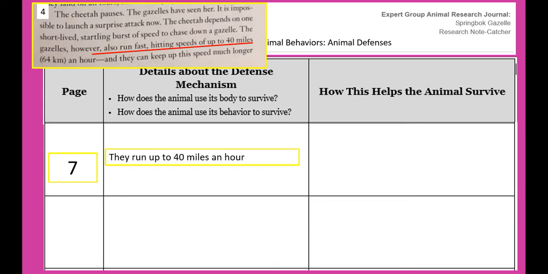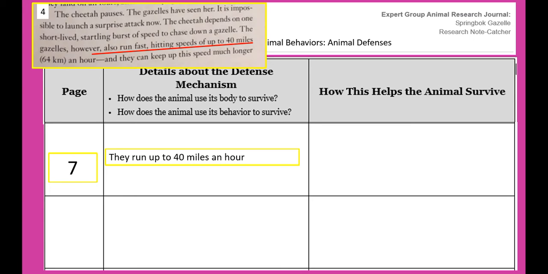Now we have to think, how does this help the animal survive? In other words, how does being fast help the Springbok Gazelle survive or escape its predators? It might seem very obvious, but we're going to write that down. I'm not going to complete it for you, but I will give you the sentence starter.